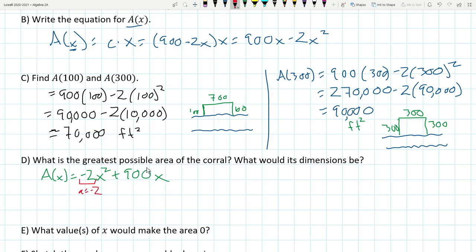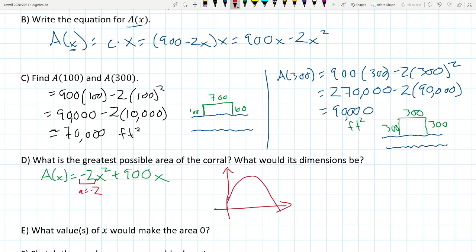Well, remember that when I have an equation in standard form, that standard form doesn't really tell you much. But it can tell you the y-intercept. In this case, it's 0. It also tells you the orientation. Because A is negative, we know that this is a downward-facing parabola, a frowny-face parabola.